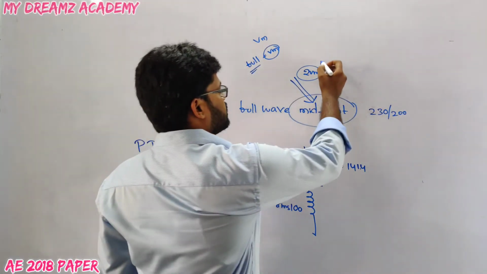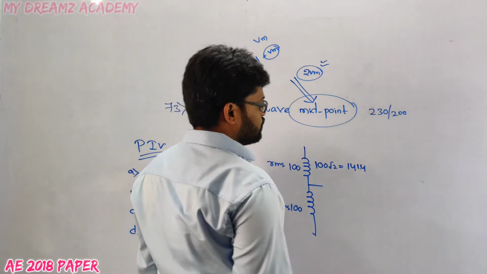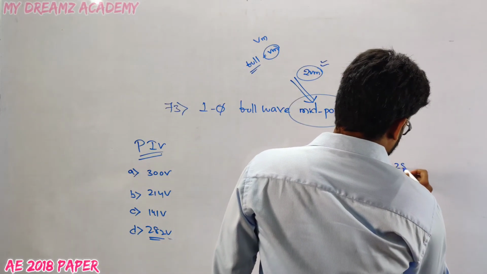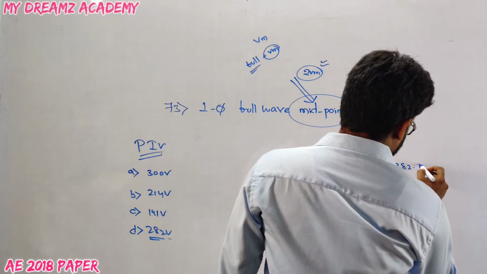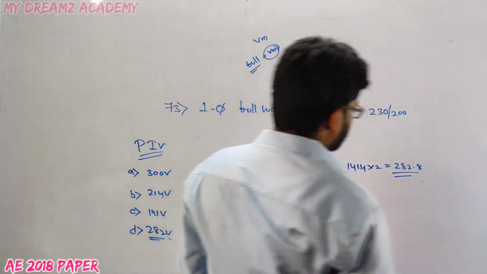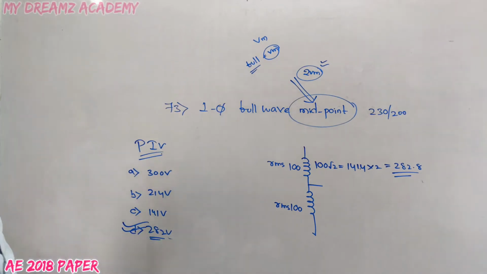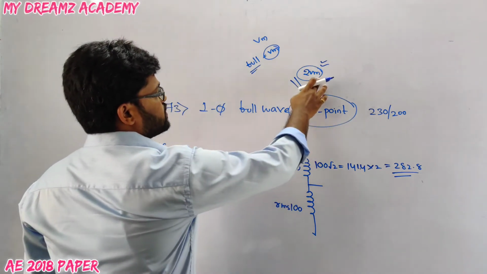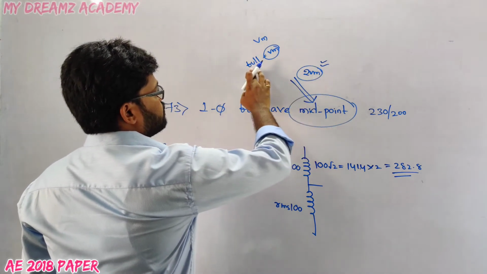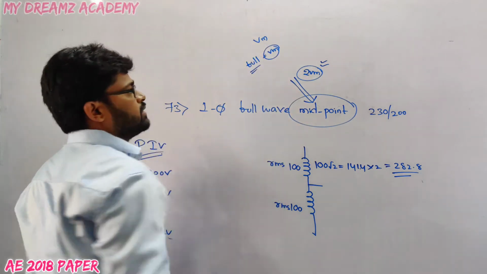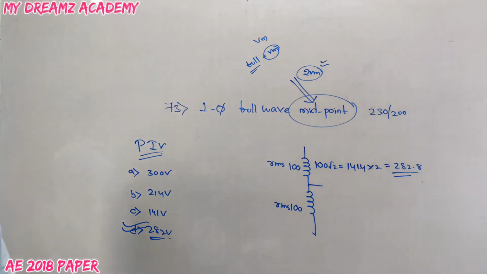But the peak inverse voltage of the midpoint converter is 2 Vm. So multiply by 2, it will give 282.8. So which option is correct? Option D is correct. This is about the full wave midpoint converter. The peak inverse voltage of this one is 2 Vm, and the peak inverse voltage of the full wave bridge rectifier is Vm, and the half wave rectifier peak inverse voltage is Vm.